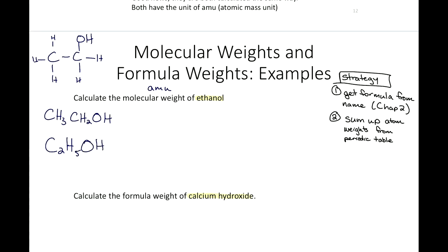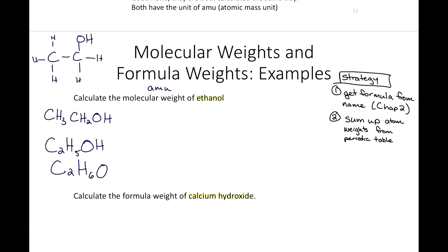You could write that as well for ethanol, or you could just write C2H6O. Regardless of how you do it, you'll still get the same molar mass or molecular weight. It's just, again, how we write the formula. Sometimes we can at least show a little bit of the structure through the formula. Regardless of what you use, you'll get the same weight for this.